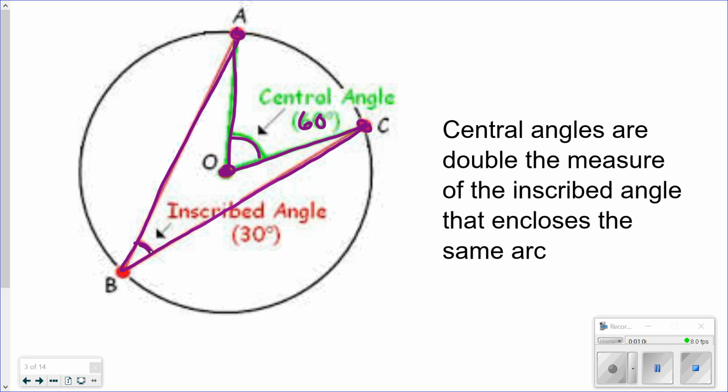The inscribed angle is going to be half the measure of the central angle. So since our central angle was 60, our inscribed angle is going to be 30. And so I wrote that here. The central angles are double the measures of the inscribed angles that enclose the same arc. And we see here that our arc is arc AC, so they both share that arc.